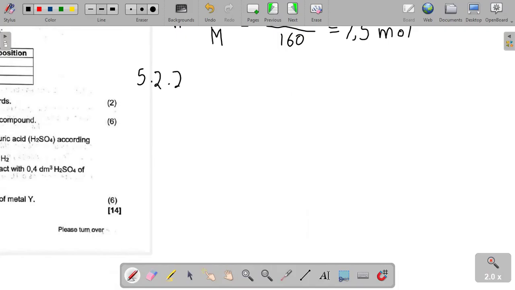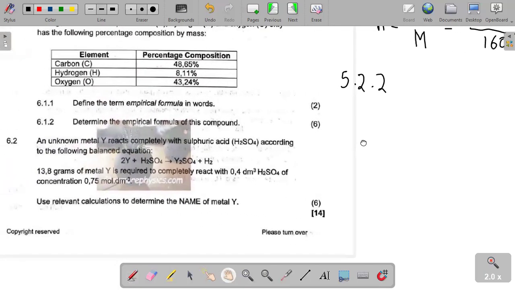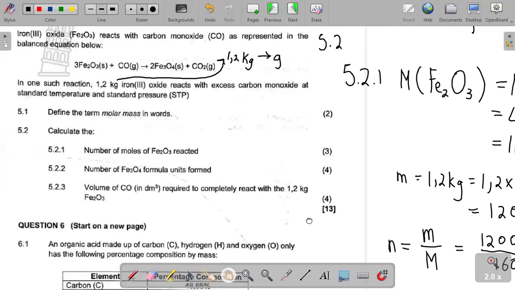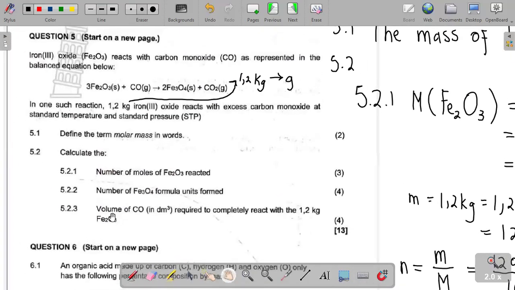And then 5.2.2. What is happening here? 5.2.2, we are supposed to find number of iron oxide again. So this is the product here. This is not the reactant.